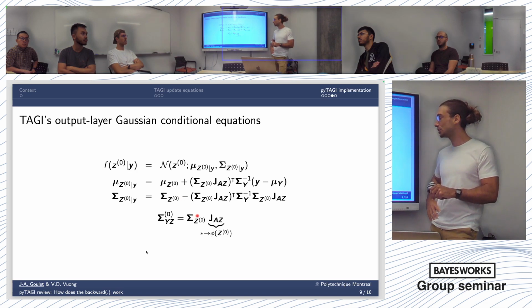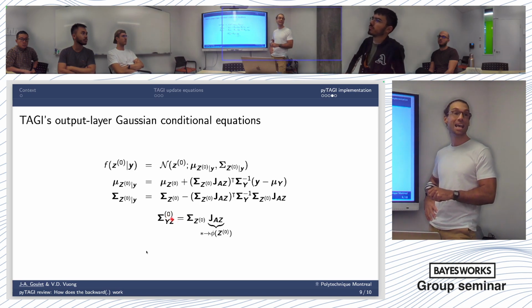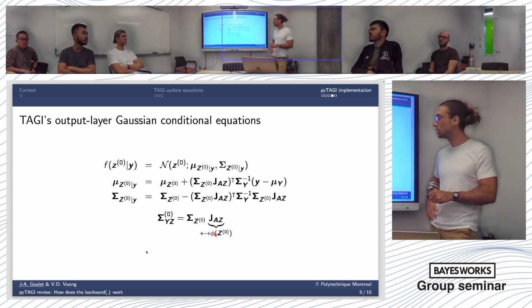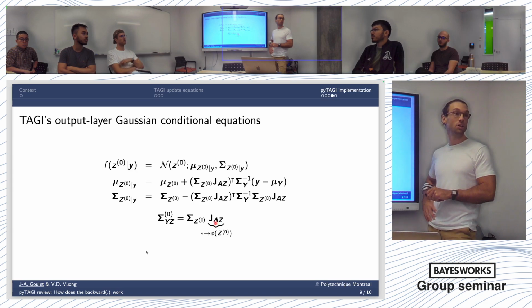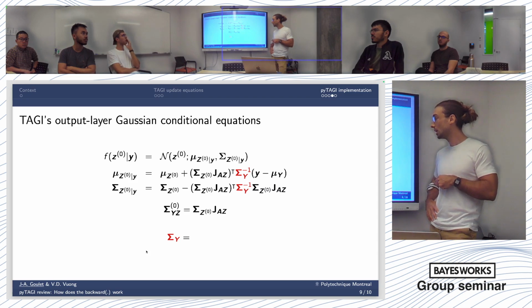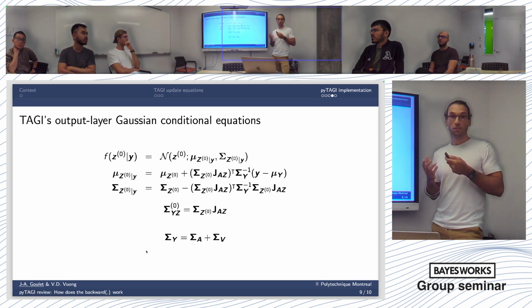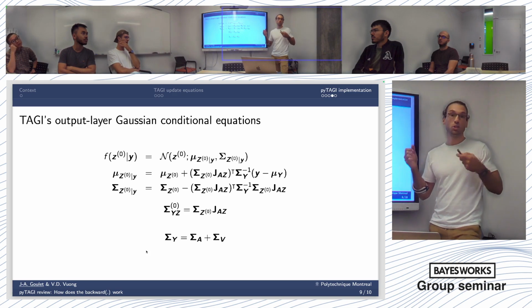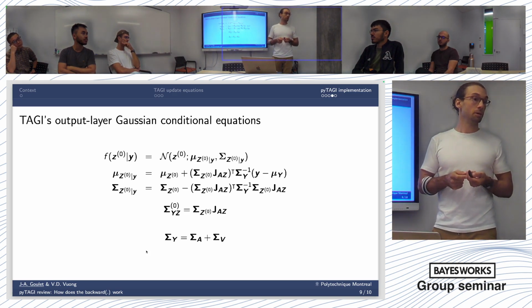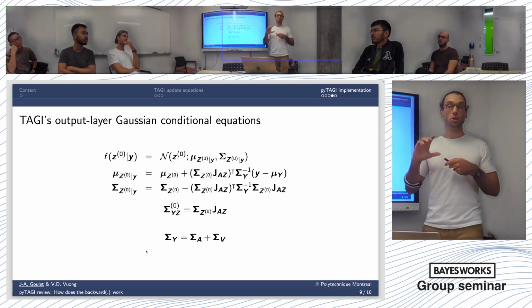In such a case, to get the covariance between Y and Z, it would actually be the covariance between Y and A. And in that case, we would need to multiply that sigma Z by the Jacobian of the activation function, so basically dA dZ. So sigma Y, as we said, is going to be the covariance of Z output plus covariance of V. Covariance of Z output, if we use an activation function, is going to be instead covariance of A. Okay, but this is just in a case where we use an activation function.